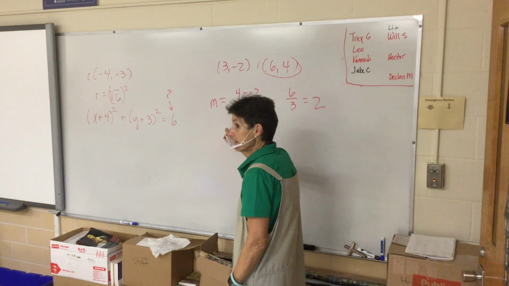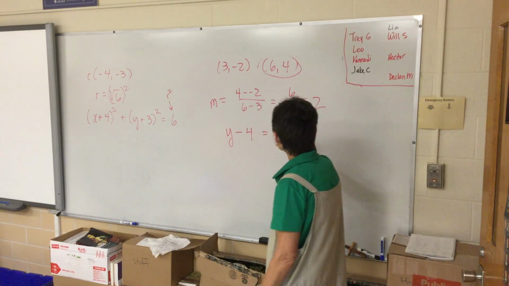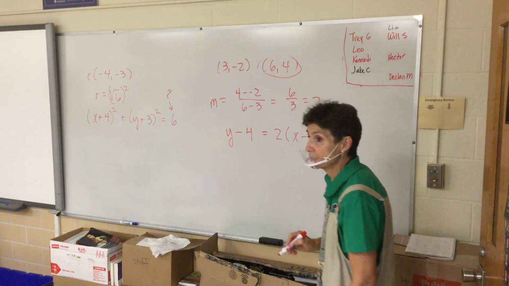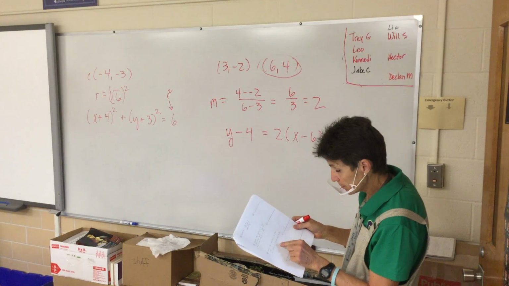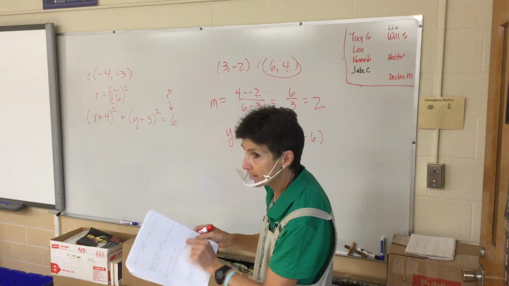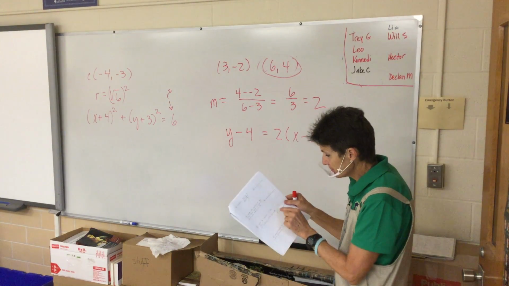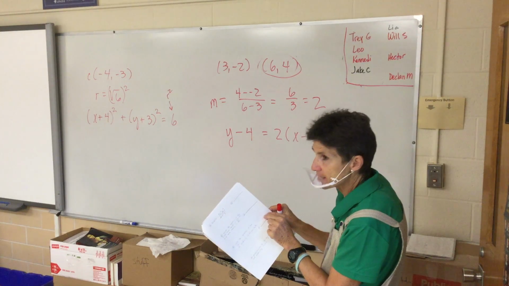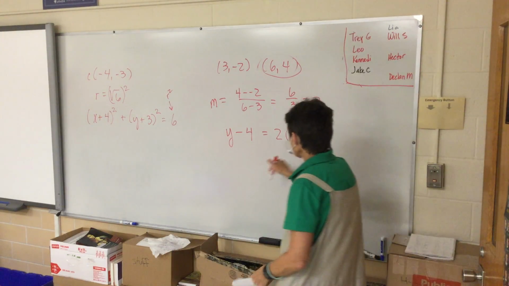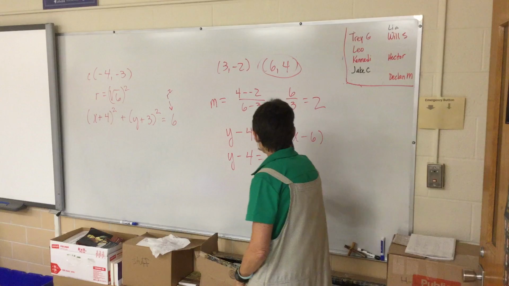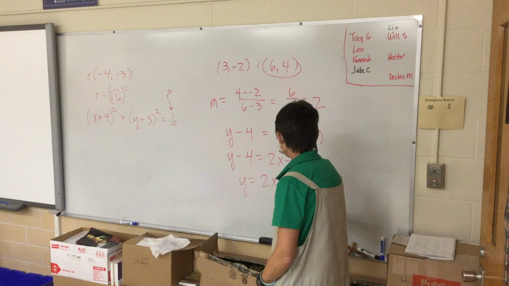And then y minus 4 equals 2 times (x minus 6). Now, for this problem, with directions like I have here, can I stop? Yeah. But if I would have added a little thing there that said, write in slope-intercept form, then we will simply take what we wrote here, distribute the 2, and add the 4 over.